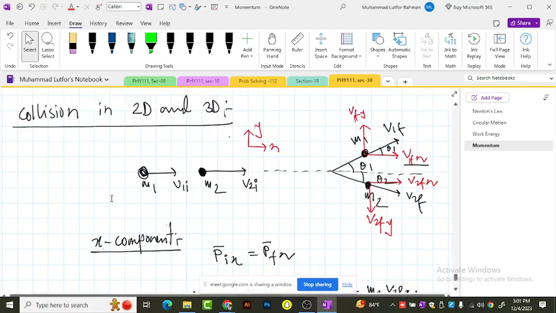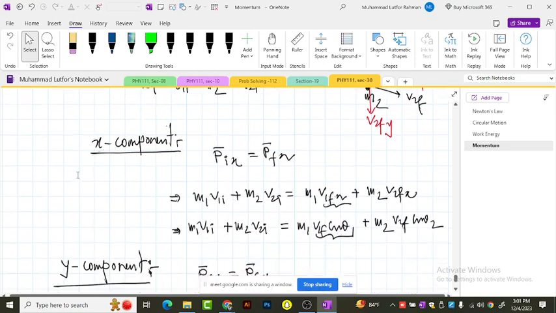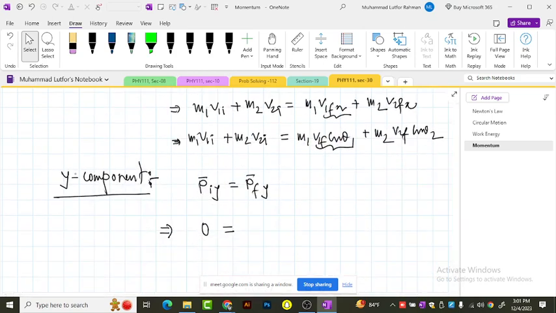Before the impact, both bodies are moving towards the x direction, so the momentum is only towards the x direction. But after the impact, they have a component towards the y direction, right? m1 is moving towards the positive y direction, but m2 is moving towards the negative y direction. Then I'm supposed to write m1 v1fy minus m2 v2fy.